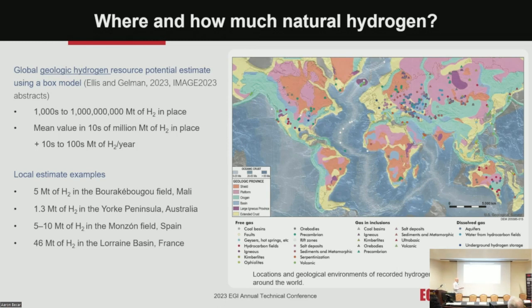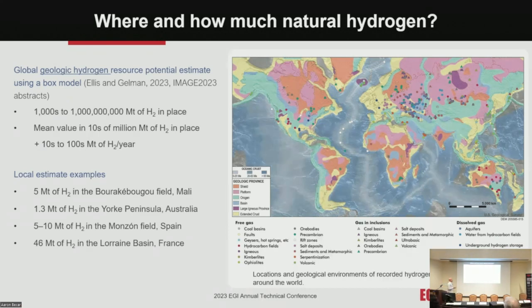Most of the natural hydrogen won't be in a large accumulation with a high concentration, and it may not be technically recoverable. But if we assume that 1% of 10 million tons of hydrogen is technically recoverable, then 100,000 million tons of hydrogen is available for us.